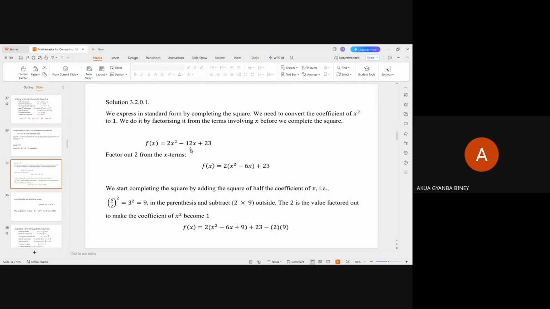But for mine, you realize that I said divide through by the coefficient of x squared. So here it did a factorization, then it completed the square of what is inside, the rest. And if you can remember, that's where you add and you subtract. If you follow my method, it's just add to both sides.